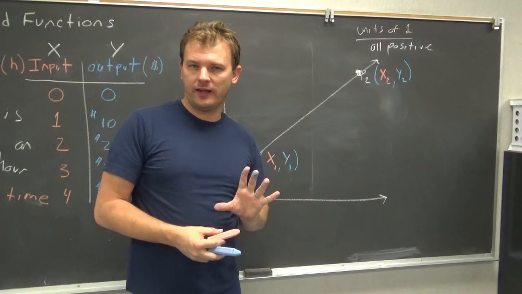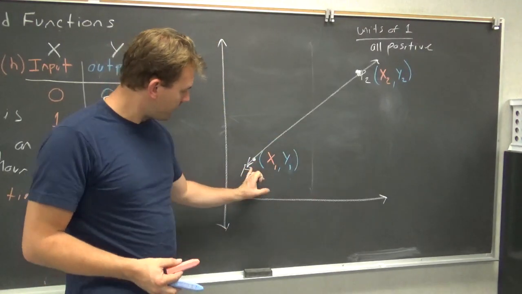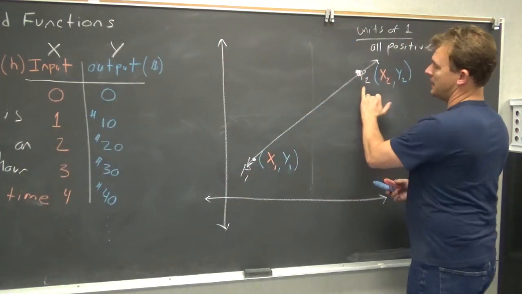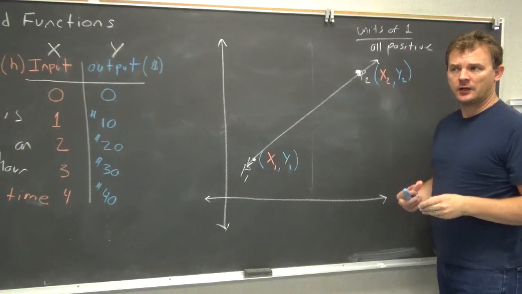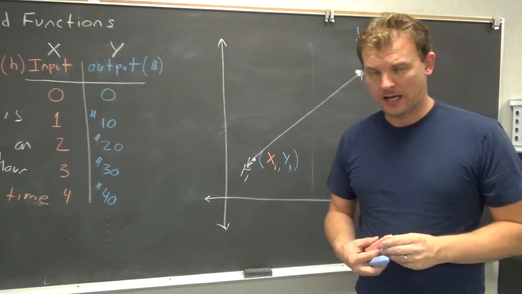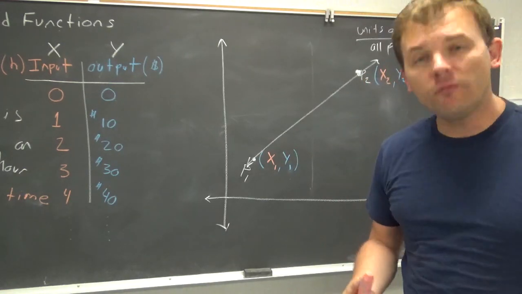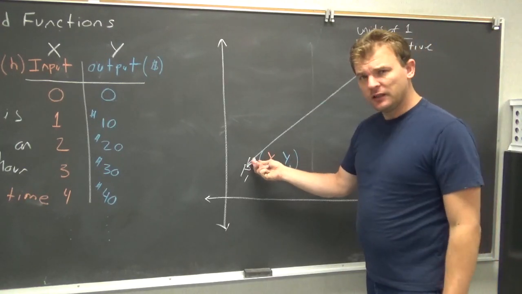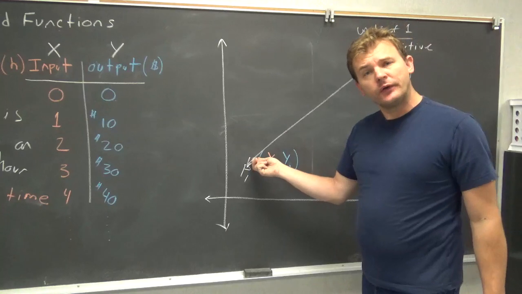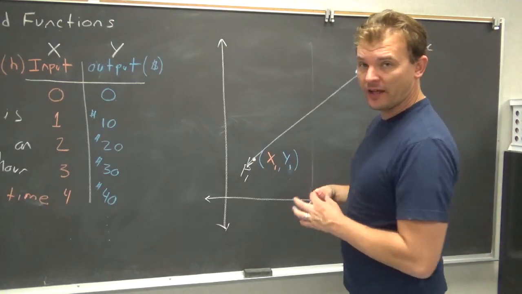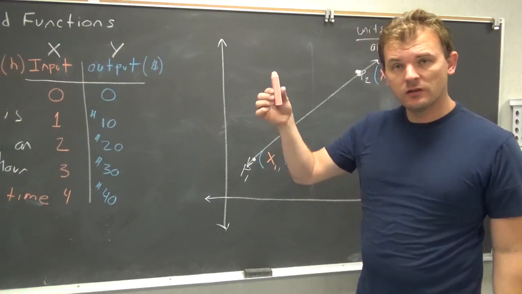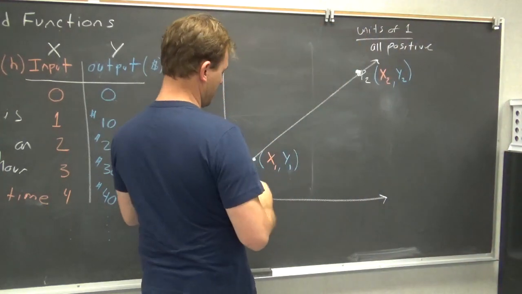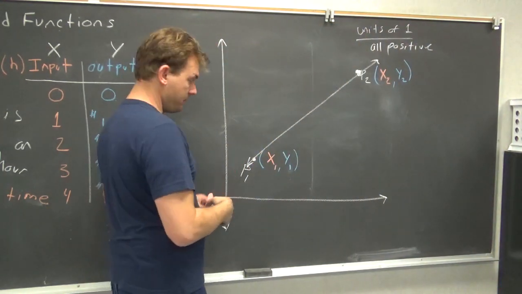So here's the thinking. I'm trying to get from this point to this point. How am I going to do that? I'm going to have to do some moving. So I'm going to start here, and what I'm going to do is a thing called rise over run. Just watch how I do this.